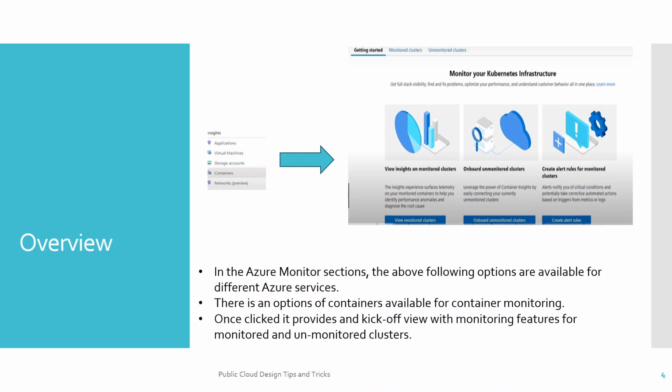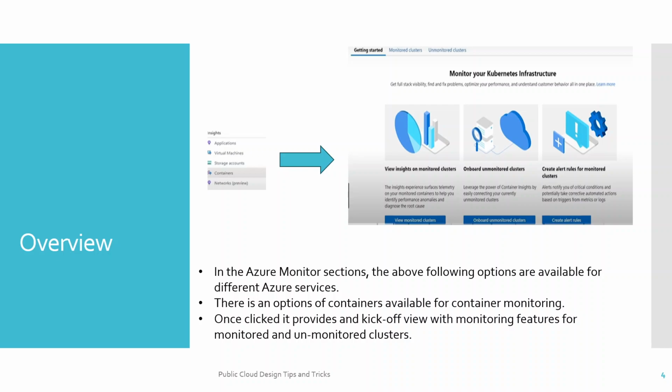If you click into containers, you will get a kickoff dashboard where you have getting started guidelines, and you can also see monitored clusters and unmonitored clusters. The clusters are all the cluster services or container applications running within Azure, so it gives you a holistic view of every resource that is running.